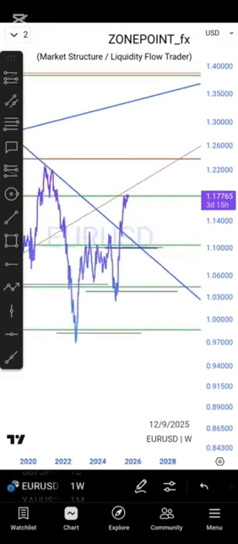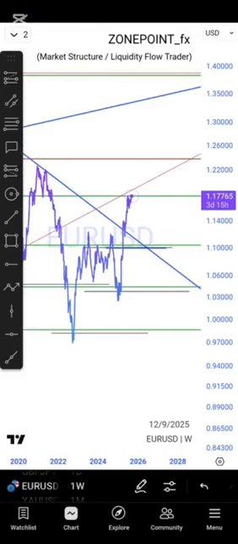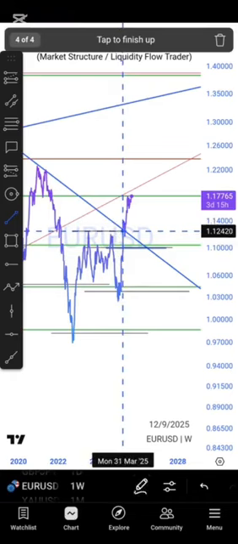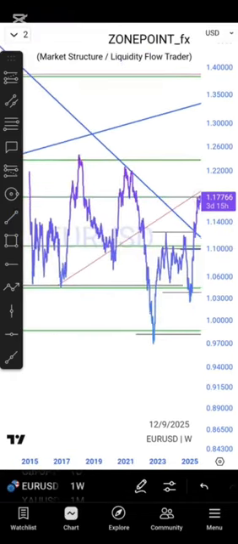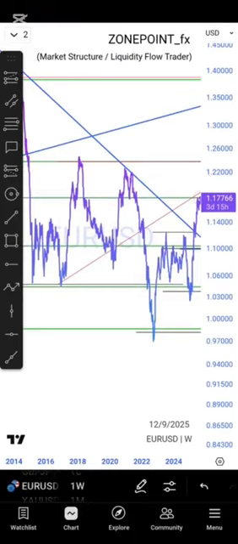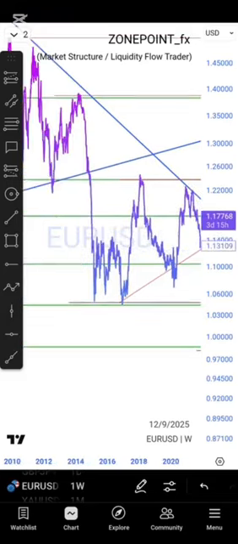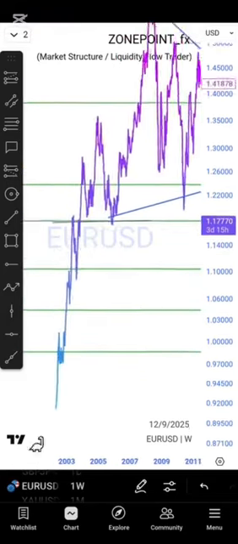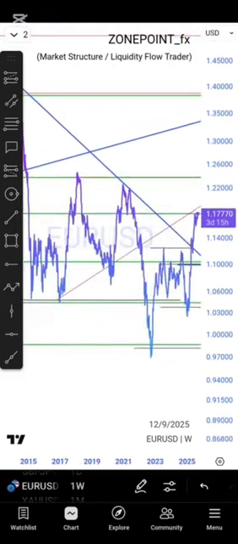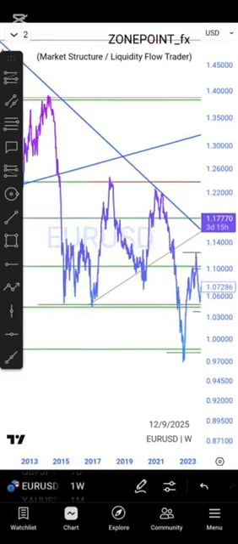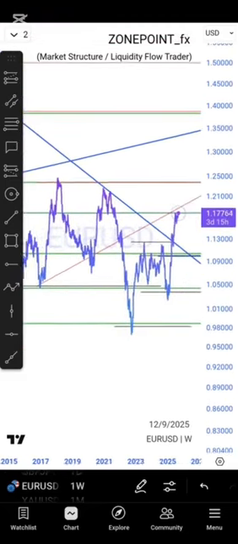So on our weekly now, this is the break of structure here. Break of structure to the upside. Now when price was after this, there's something I want to explain. Just check.